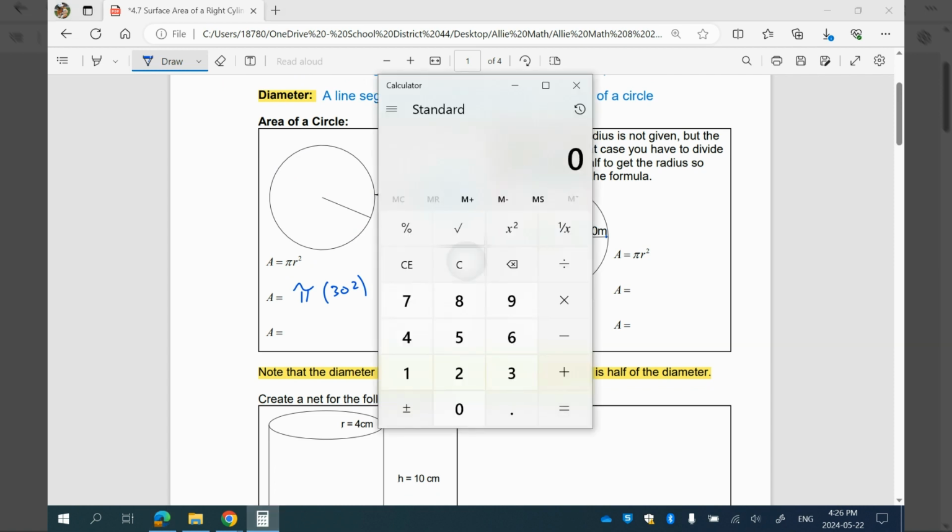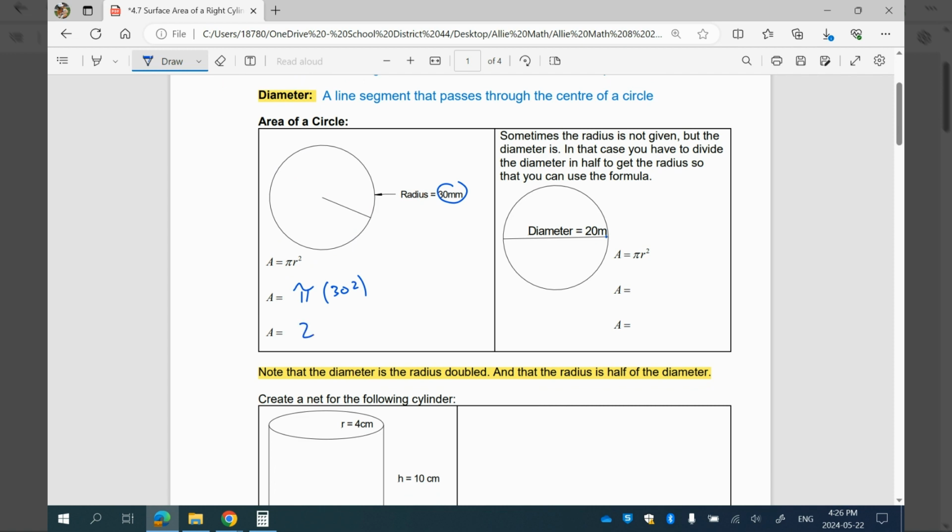Oh, I already have it up. So I'm just going to use 3.14 times, and I know that 30 times 30 is 900. So 2826, and it's millimeters squared. Remember, we're looking for surface area. It's a two-dimensional shape, so we put the squared there.